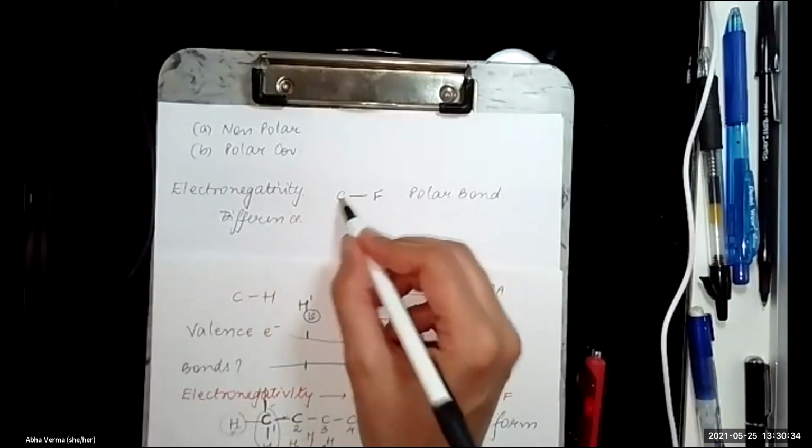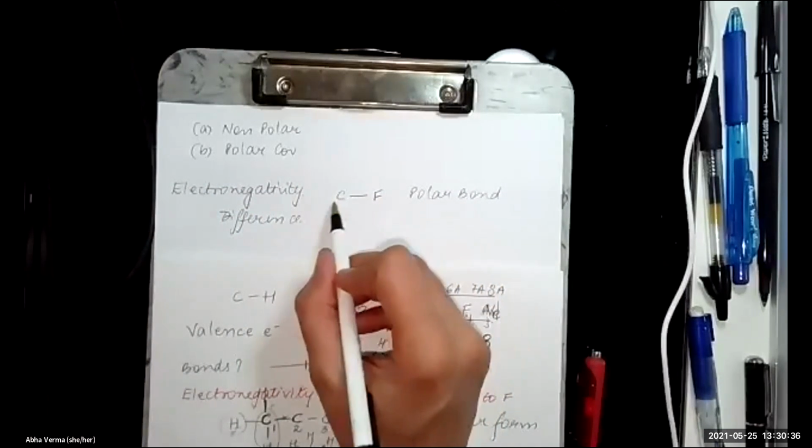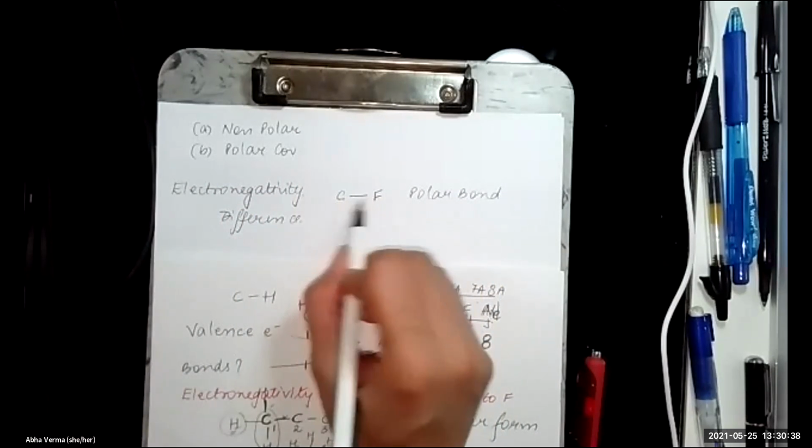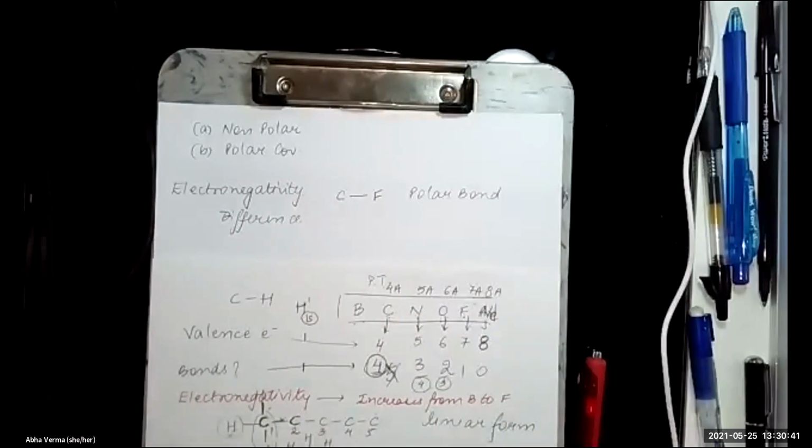The electronegativity difference means that there is an unequal sharing of electrons. So remember, what is a covalent bond actually? It is just sharing of your electrons, the valence electrons.